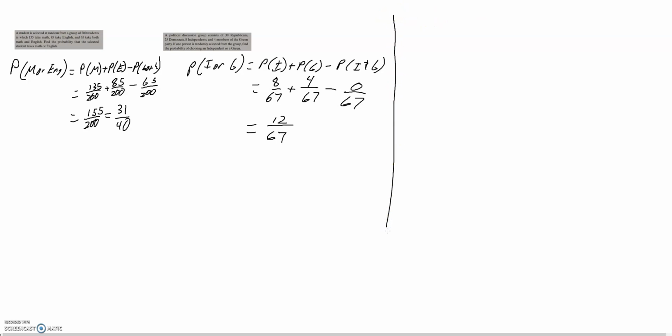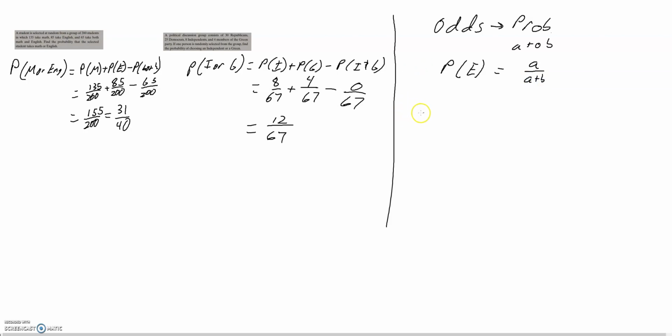Now, the next type of problem I want to talk about are odds. So if we want to go from odds to probability, we're going to be making use of a given formula here, which is the probability of the event E. Well, if the odds are A to B, then the probability is A over A plus B. Okay?